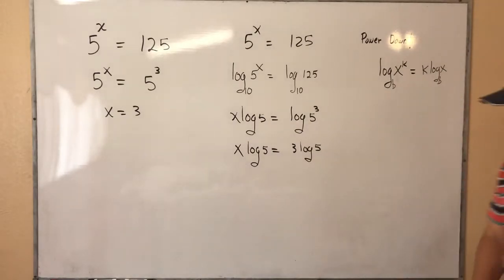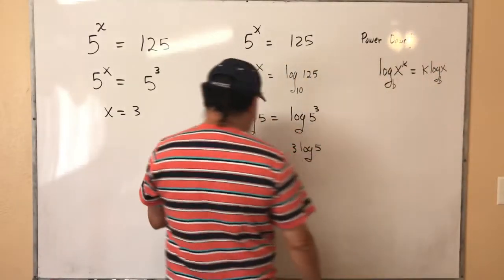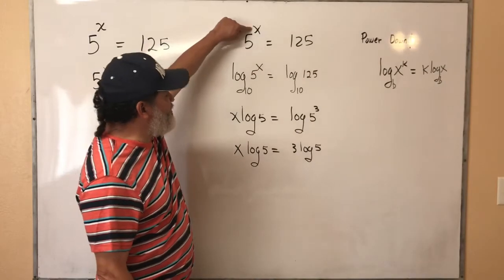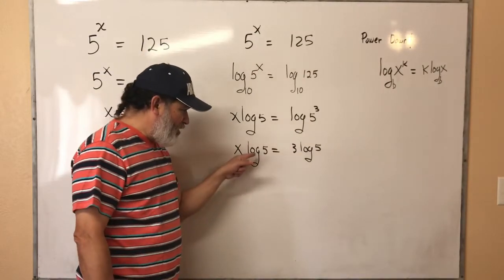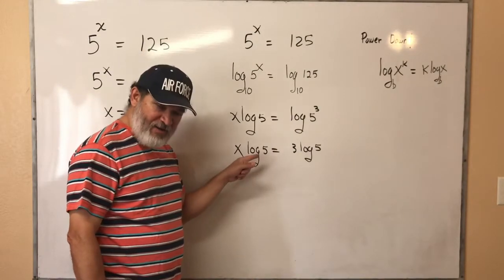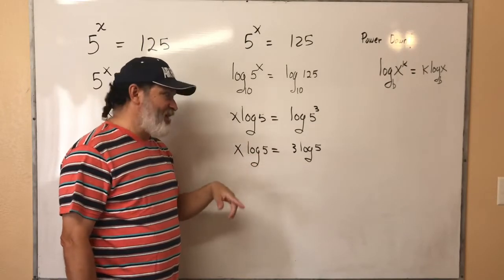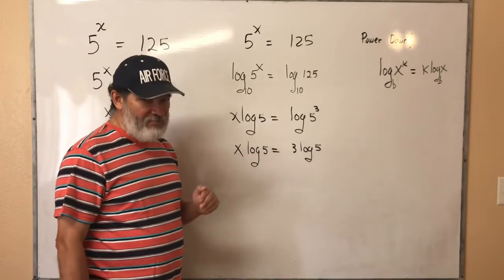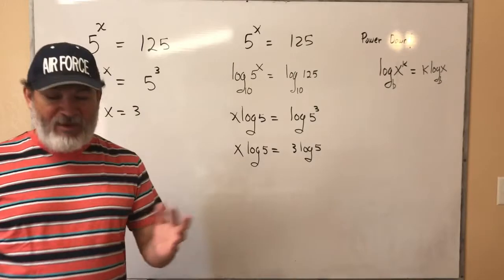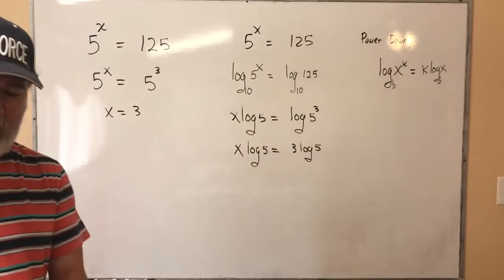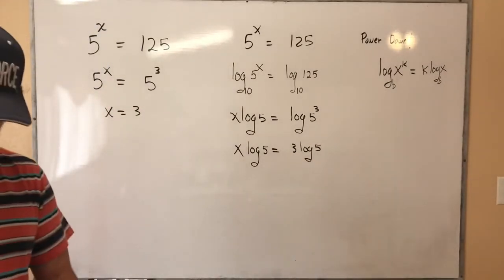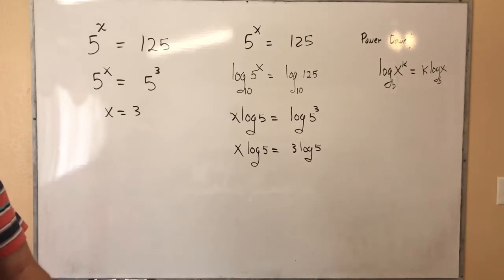That's what I used. And now, because I want to solve for x, let me get rid of log of 5. Log of 5 just happens to be a number. It's a decimal. I'm going to tell you what it is, but you don't even have to know that.